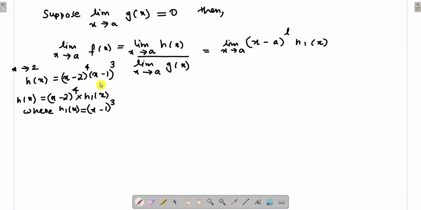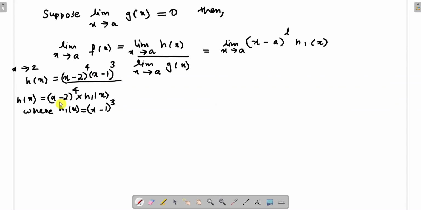Okay, so here you can see this h1 of 2, if we look at it, first of all we have separated x minus 2 the whole raised to 4 times x minus 1 raised to 3 into two factors.